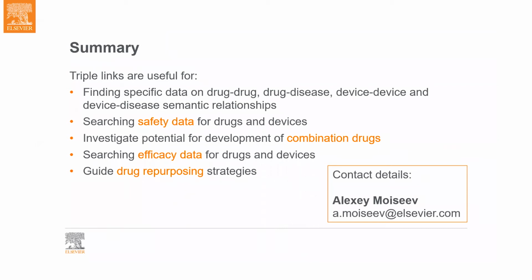This triple links instrument is useful for finding specific data on drug-disease, drug-device, and device-disease semantic relations. You can also use it for searching safety data for drugs and devices, investigating potential for development of combinations of drugs, searching efficacy data for drugs and devices, and it's also a good guide for drug reporting strategies.